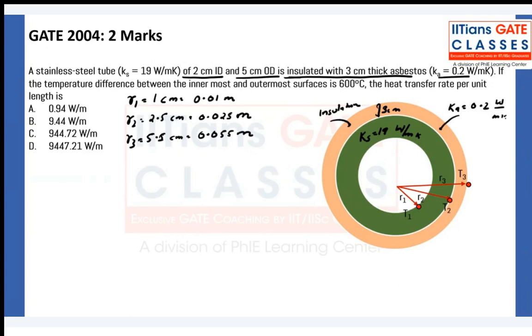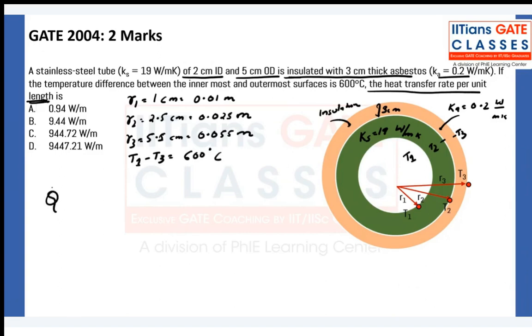If the temperature difference between the innermost and outermost surface is 600 degrees Celsius. So what is the innermost? This is T1, this is T2, this is T3. So they are saying T1 minus T3 is equal to 600 degrees Celsius. The heat transfer per unit length, I need to calculate. How will I do that?